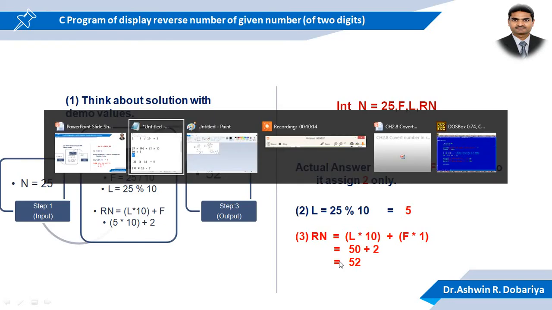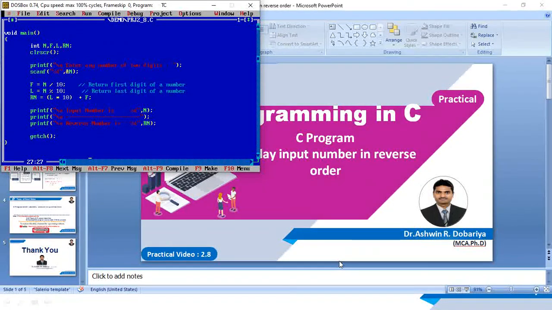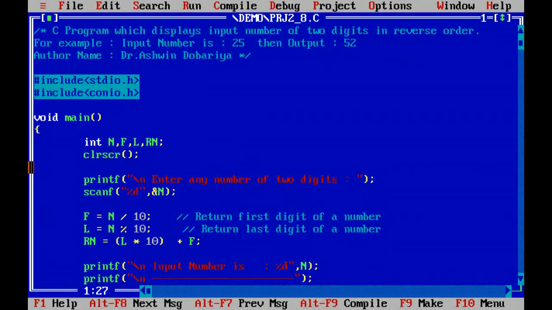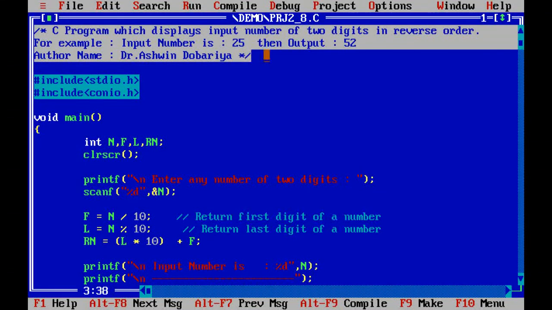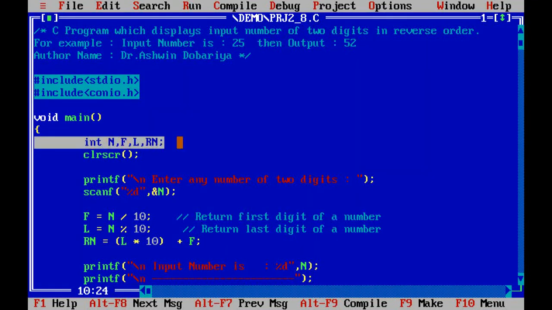Let's see this program in Turbo C, and how we can run it. Here first is the documentation, the definition of the C program: input a 2-digit number and convert it into reverse order. Then we include two header files, stdio.h and conio.h. Then in the main function we require four variables of integer type.